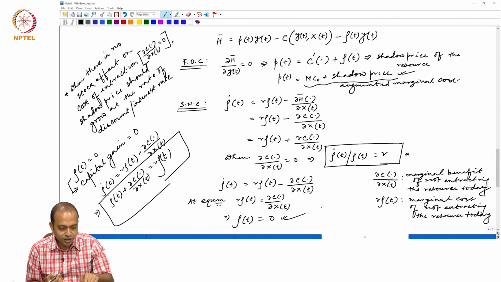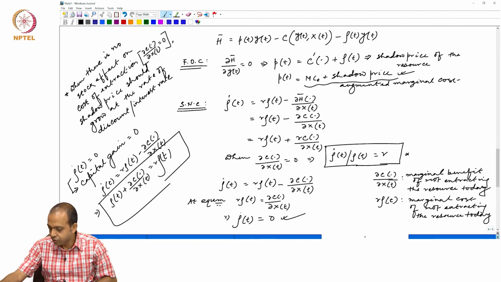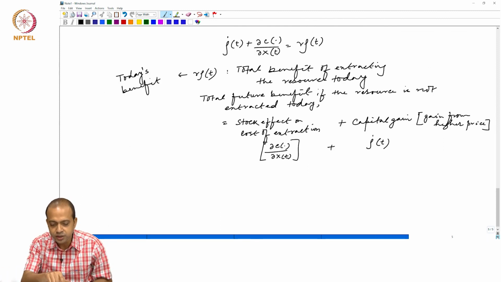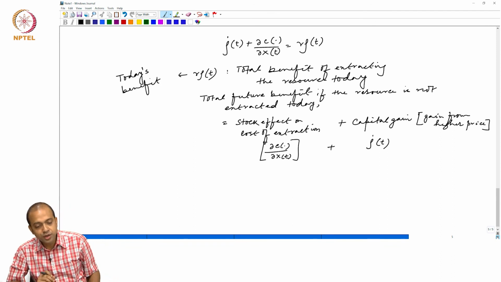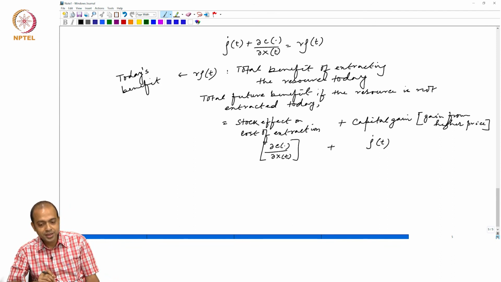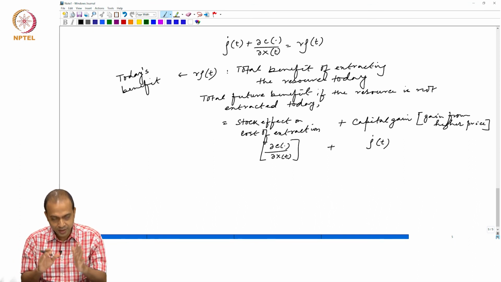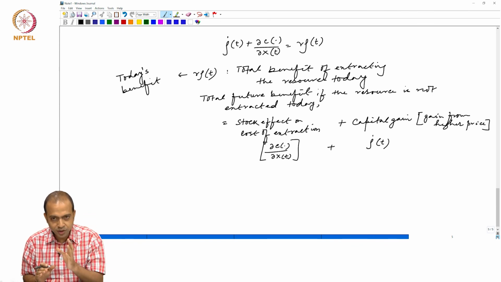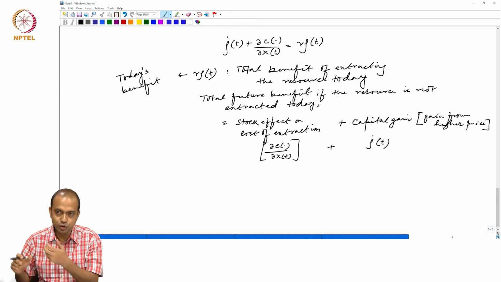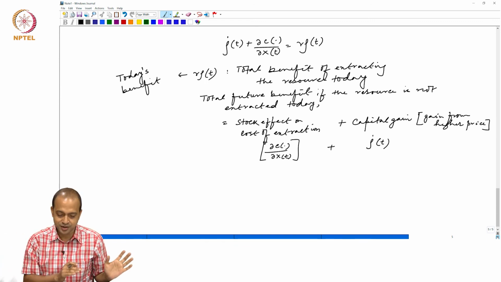So, this condition, rho dot t plus del c by del x t equals r into rho t, basically tells us that at equilibrium today's benefit of extracting the resource should equal tomorrow's benefit if it is not extracted today.